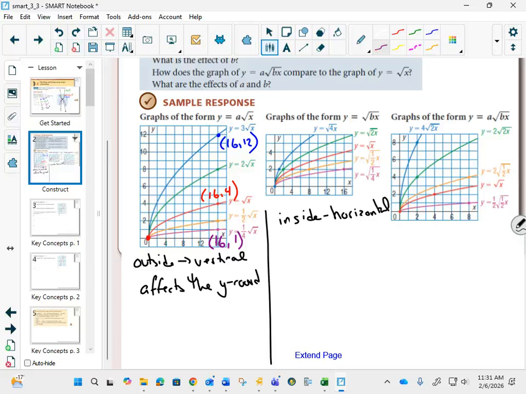So we see something, for example, in the green graph, you see the 2. Wouldn't you like to multiply by 2? Wouldn't you like this to be a horizontal stretch? But no. You have to multiply by the reciprocal, 1 over 2. You have to flip the fraction and then multiply. And it's actually a horizontal compression.